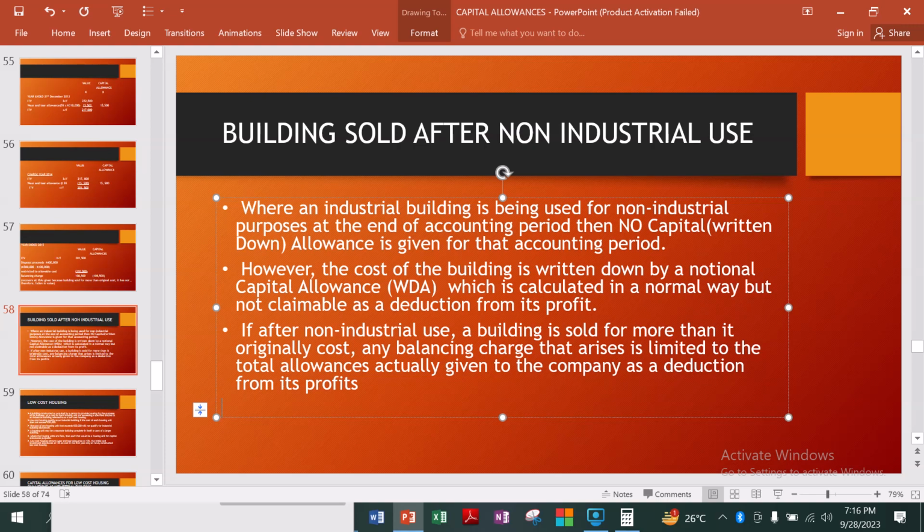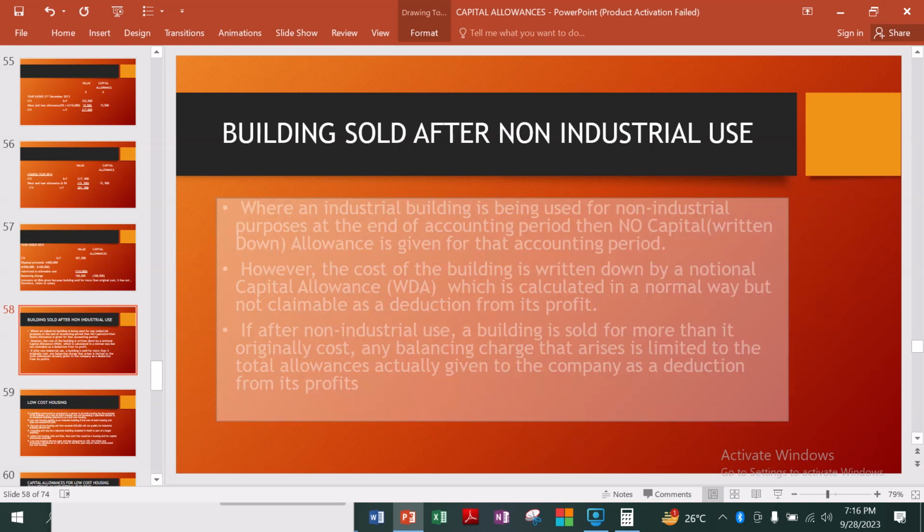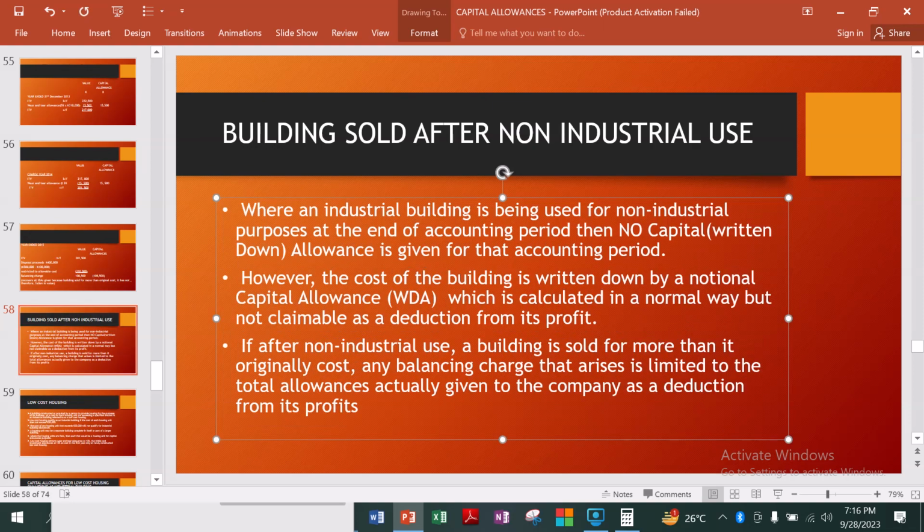These are another point to be considered when dealing with capital allowances. The fact is that where an industrial building is being used for non-industrial purposes at the end of an accounting period, then no capital allowance is given for that accounting period.